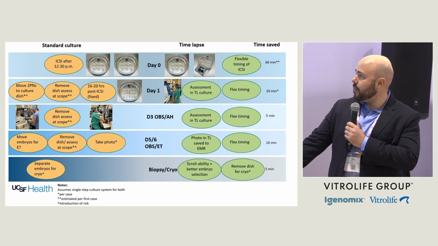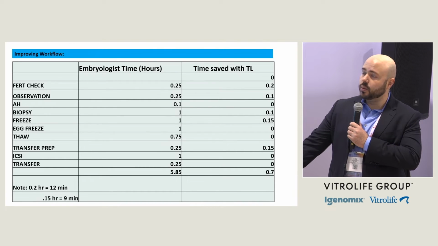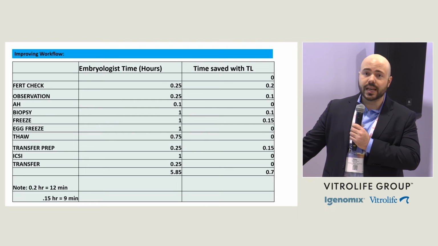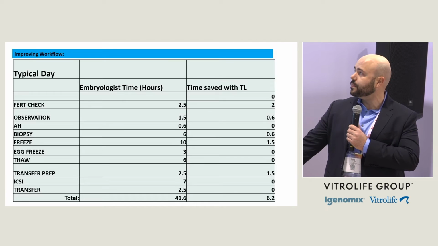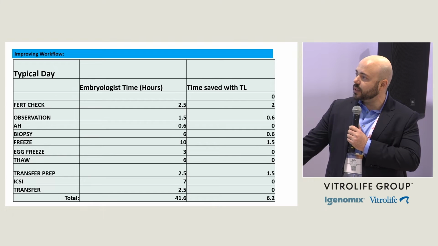From your day 3, day 5 observation for your assisted hatching. So if you sum all of that time that you have saved, it can really make a difference between an embryologist time versus the time that you have saved with the time lapse. So here's your typical day and the time that you have saved with time lapse.